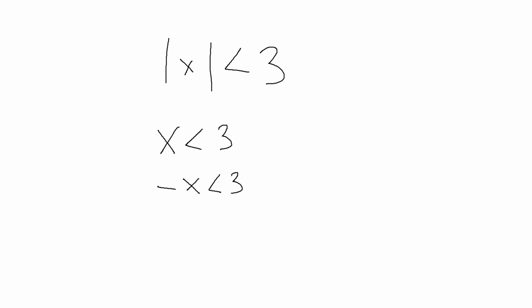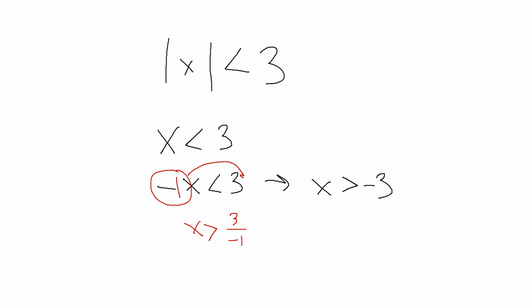Now here is the problem. -x, to solve, translates to x is greater than -3, because technically there's an understood -1 here. To get rid of it, I move it over here. When I divide by a negative, the operation changes. So what I technically have is x is less than 3 and x is greater than -3.